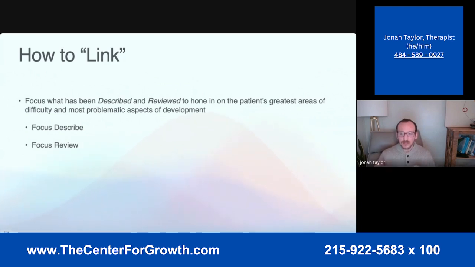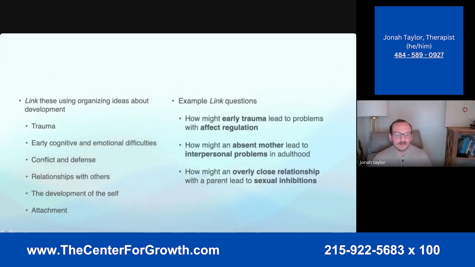And then more circumstantial problems tend to arise with issues in development that happened later in someone's life. And so you're using these broad categories, which we don't really have time to get into, so I'll just go over them really briefly to link the describe with the review.